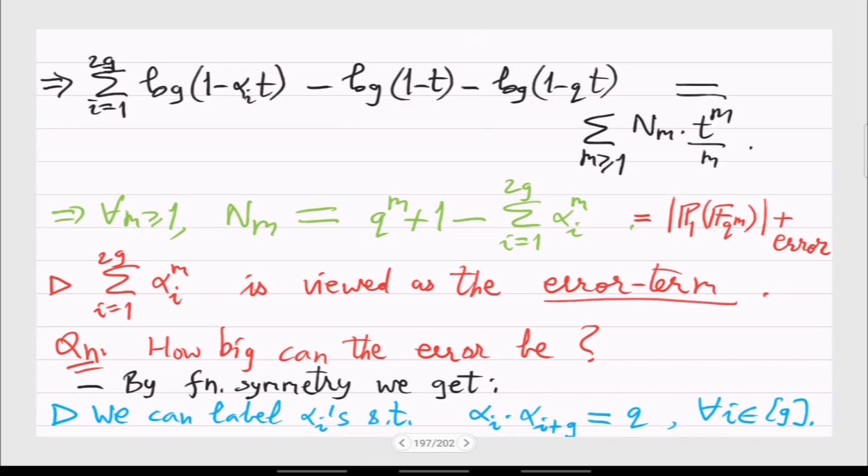We don't know how these alpha_i's behave, but we do know by the functional equation symmetry that you can pair up the complex roots so that the product is q. So we reach till this point.